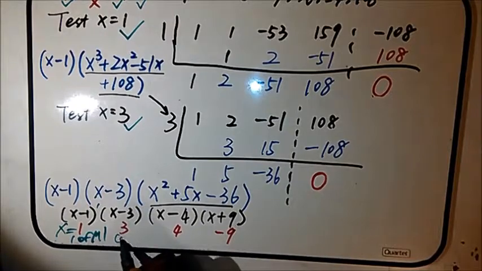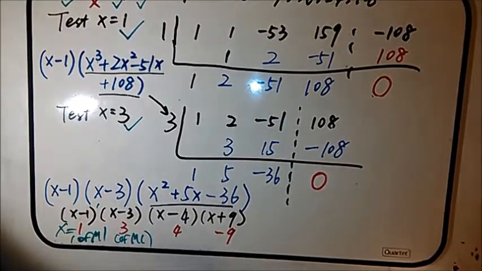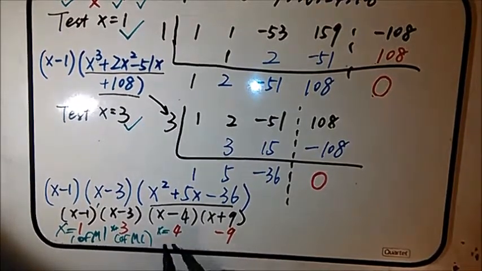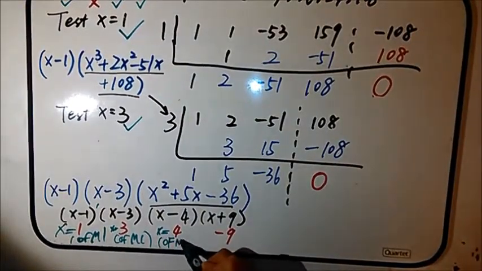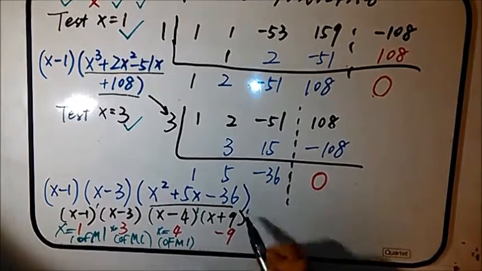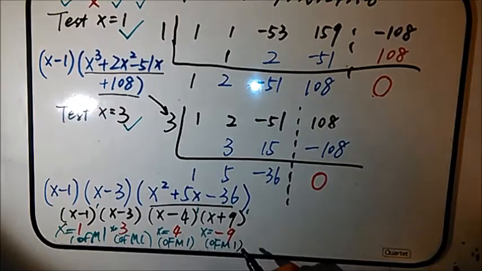This one will be of multiplicity 1. And this is x equal to 4. This will be of multiplicity 1 again, because the power here is an invisible 1. And this one is x equal to negative 9. It will also be of multiplicity 1.